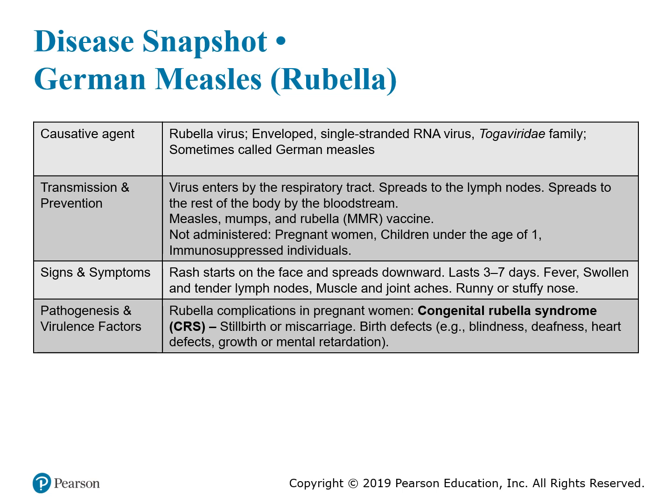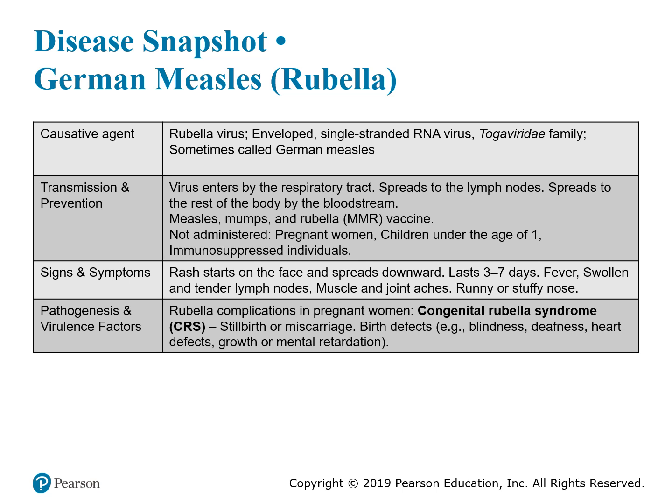And of course we have German measles, which again is part of that MMR vaccine. This one is spread through the respiratory tract and throughout the lymph nodes, and then it's carried throughout the body through the bloodstream.